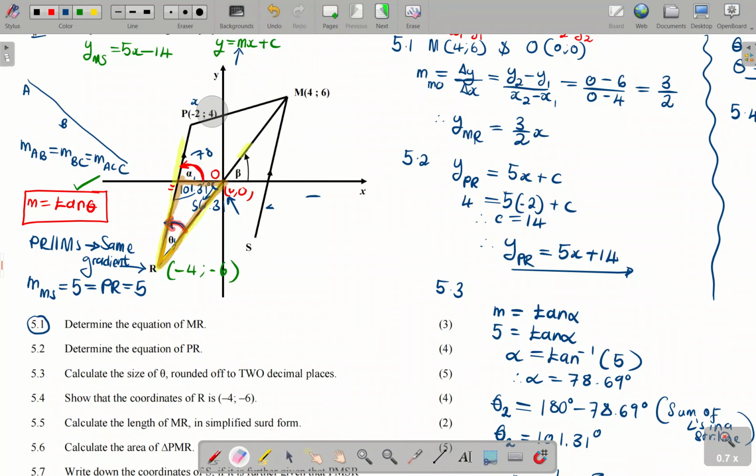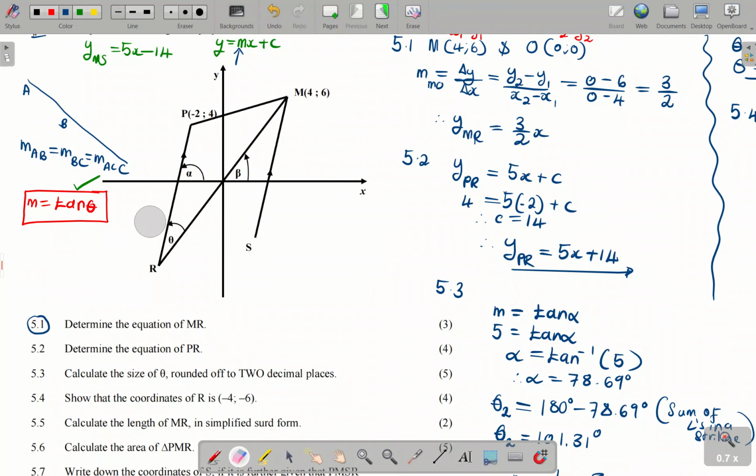Let me just remove this. So now this is 5.6. They say we have to calculate what? The area of triangle PMR.